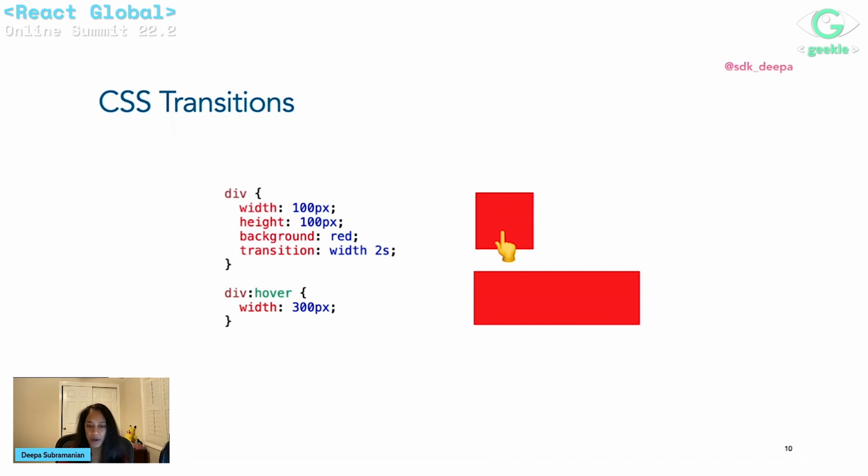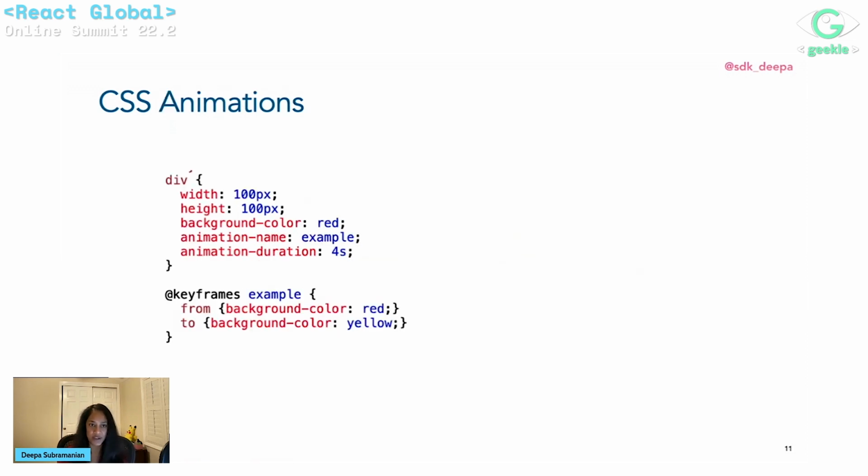On hover, what happens? The box width gets extended to 300 pixels, and it does it over a period of 2 seconds. This is how it works with CSS transitions.